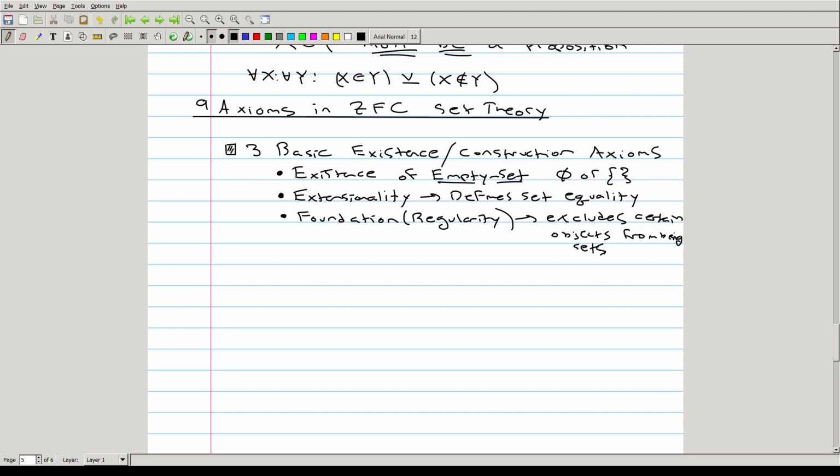And this is one of the axioms that deals with Russell's paradox.